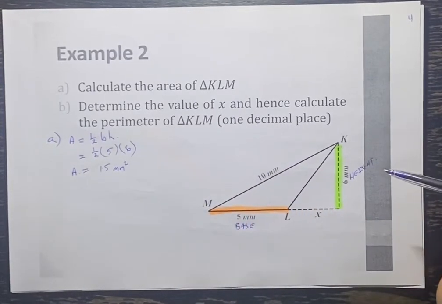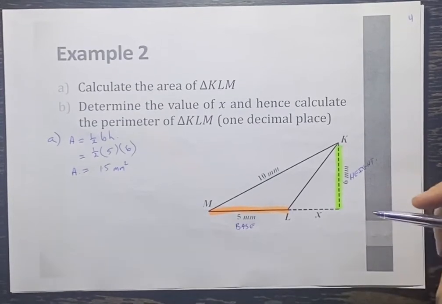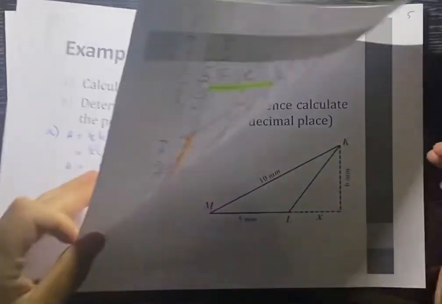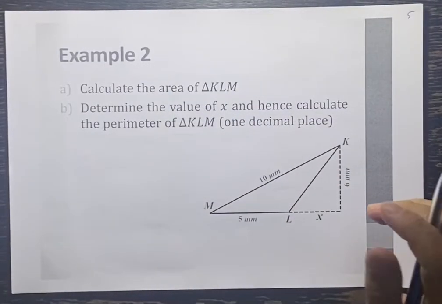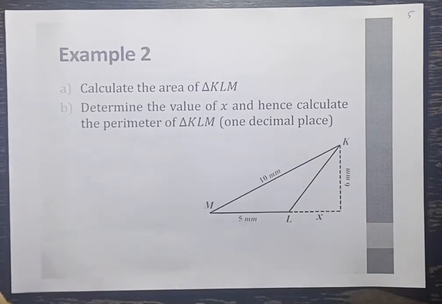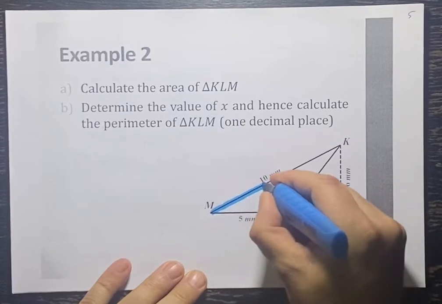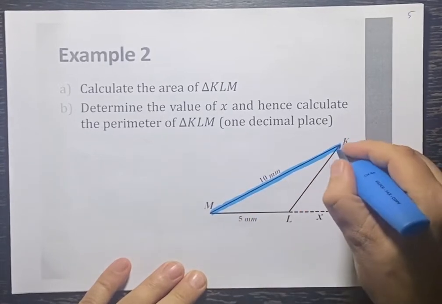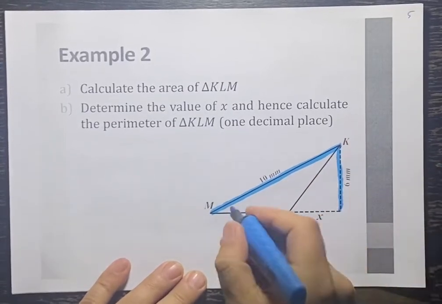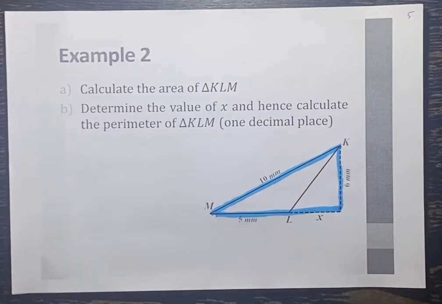Okay, so in order to find x, let's do it on the second part over here. To find this here, I'm going to look at the triangle as a whole.